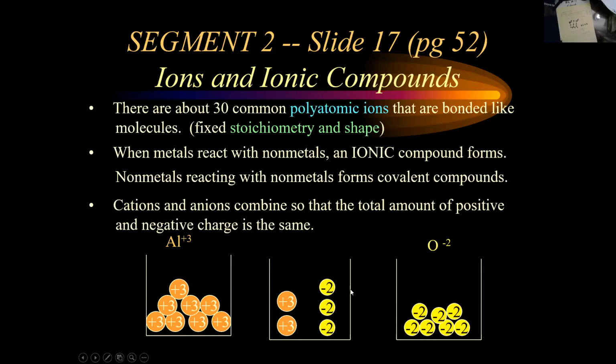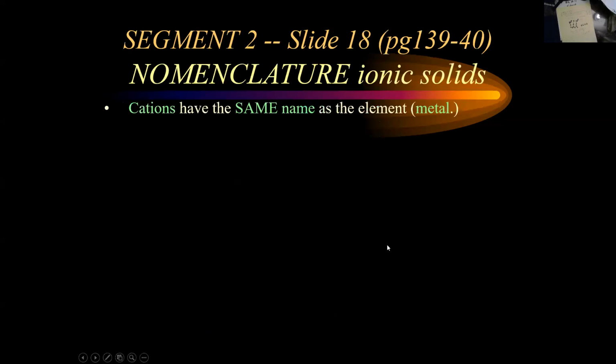I could possibly put these together as 1 of each, or 2 of each, or 3 of each, and so forth. Now, the formula for the compound, and this one was Al2O3, you can get for that particular case, like the book shows you, of just transposing from the charge number on one becomes the subscript of the other. You can do that on this case.